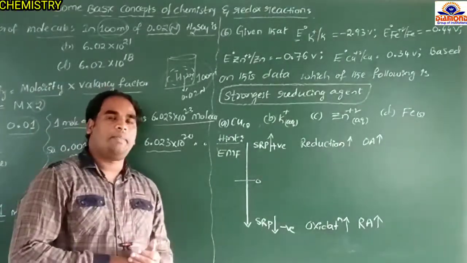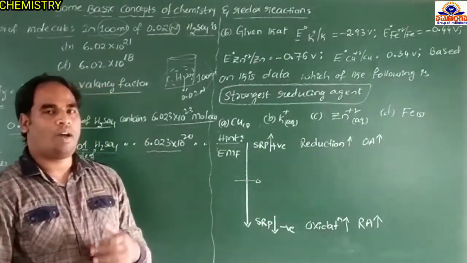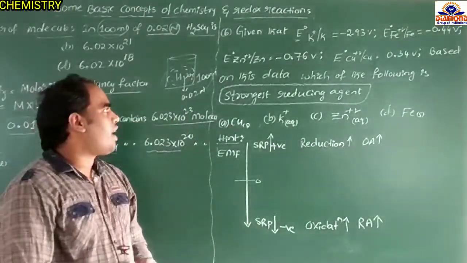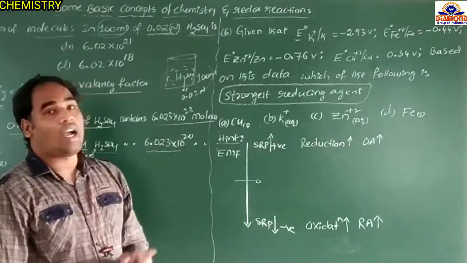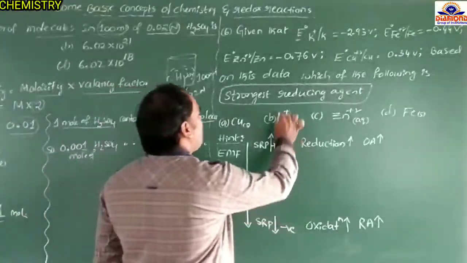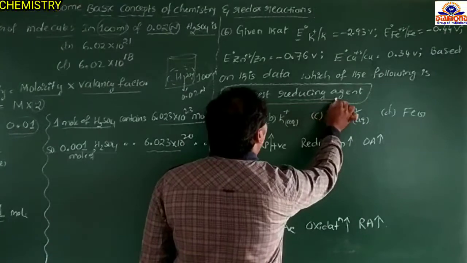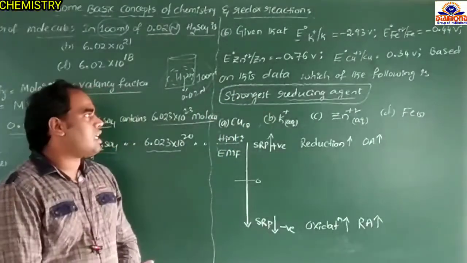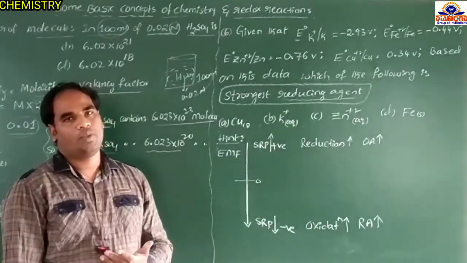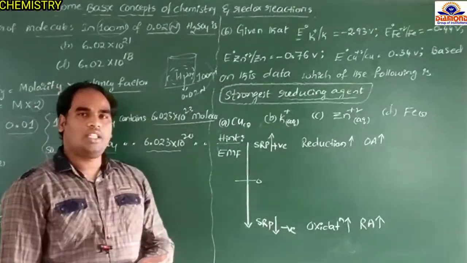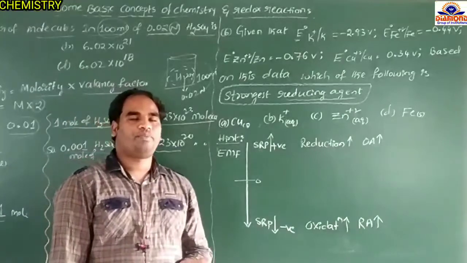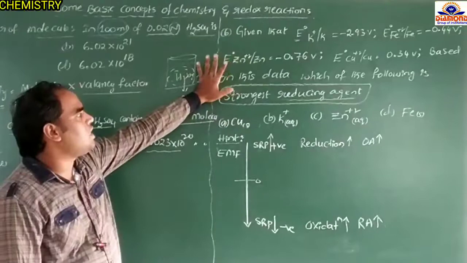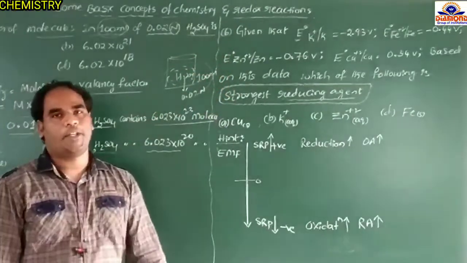In the same way, in some questions they give data like this and ask you to find the strongest oxidizing agent also. But in this question, they are asking for the strongest reducing agent. Sometimes they ask for the strongest oxidizing agent, the weakest reducing agent and the weakest oxidizing agent. They ask in different ways, and the data is only standard reduction potential values.